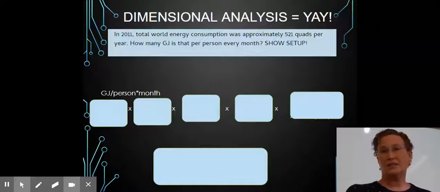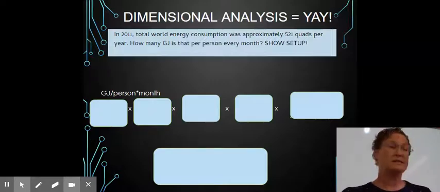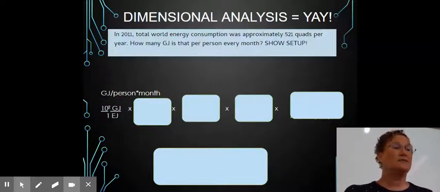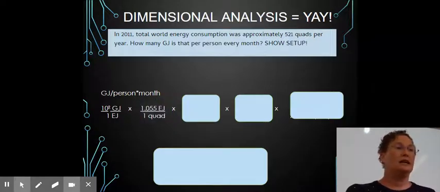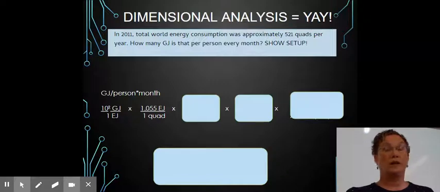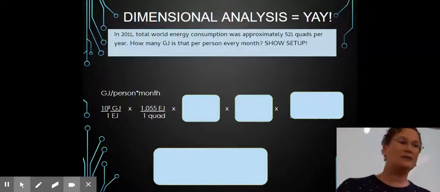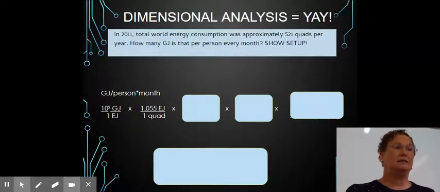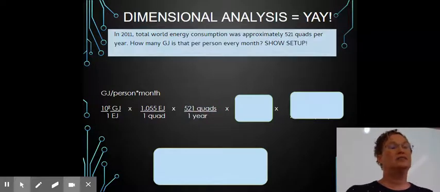The first thing you're going to start with is those conversion factors from the slide before. So you have 10 to the 9th, or 1 billion, gigajoules per exajoule, and then 1.055 exajoules per quad. And then given in your question is that it's 521 quads per year.